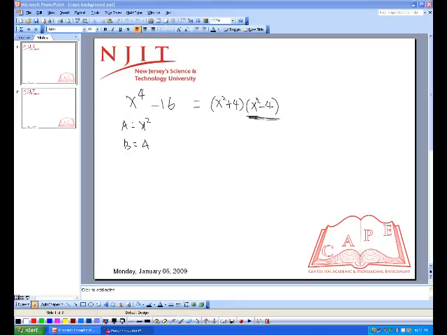So that means we can factor this further. x squared is a squared, so a should equal x and b should equal 2. That means x squared minus 4 can still be factored into x plus 2 and x minus 2. So the final answer for this question will be x squared plus 4, x plus 2, and x minus 2, and that's the final answer.